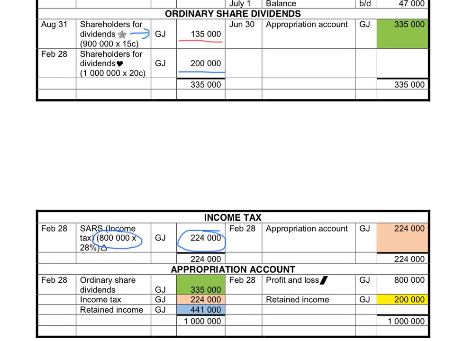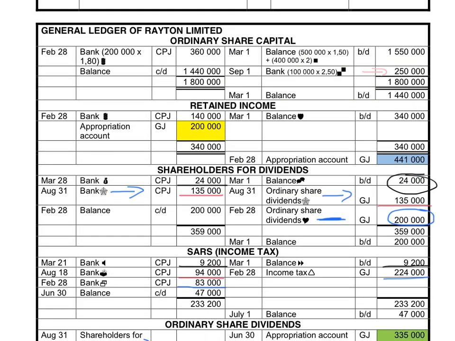So if I look at my accounts, the ordinary share capital account will be debited by 200,000 times R1.80, and that will give me 360,000. So my capital decreased from 1.8 million to 1.440 million.